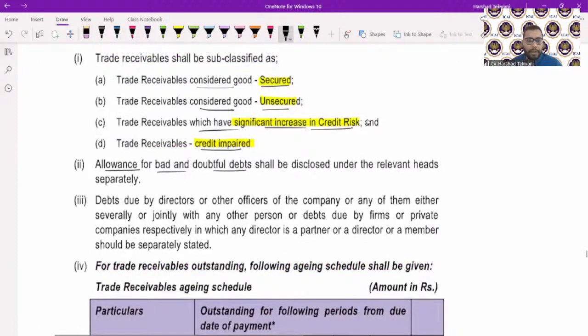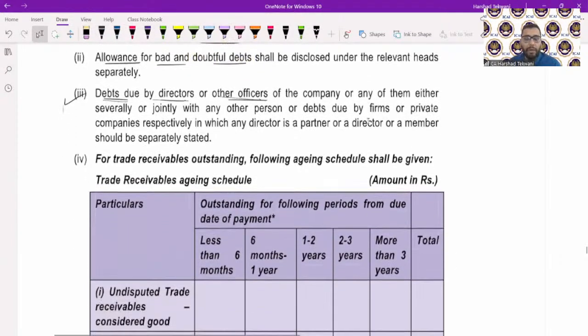See over here, dues by directors or other officers of the company. That is required to be disclosed separately. So when a director or any other officer is involved, you need to show it separately. That's a disclosure requirement for related parties also.